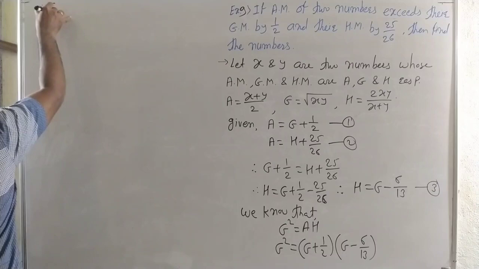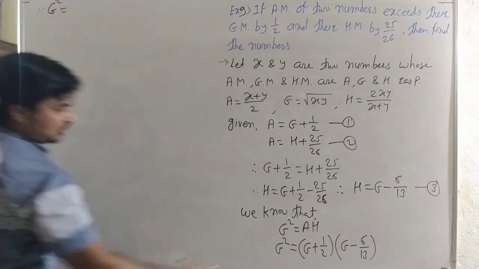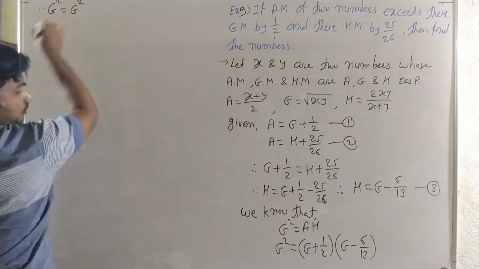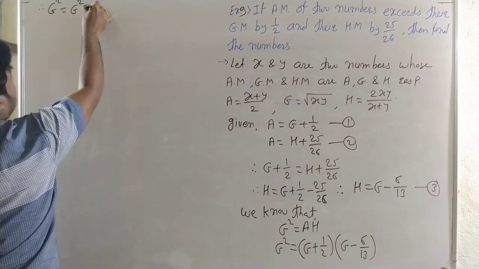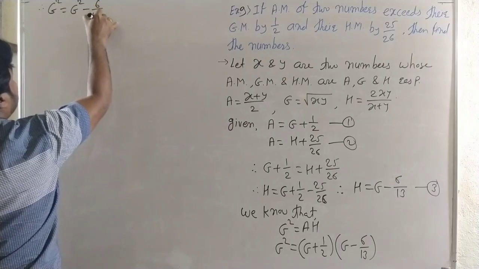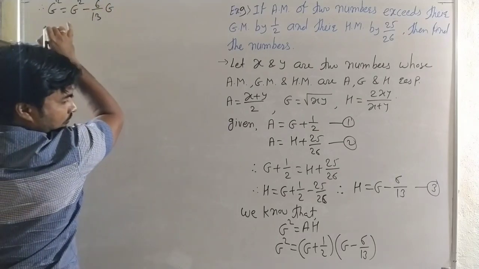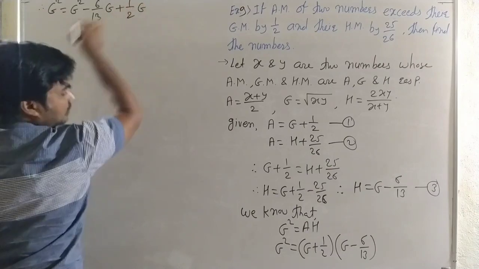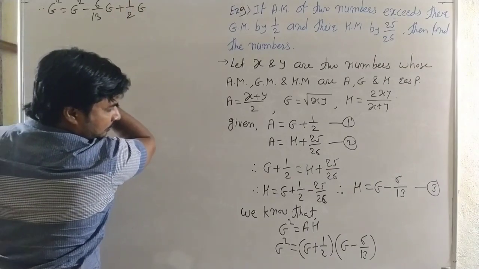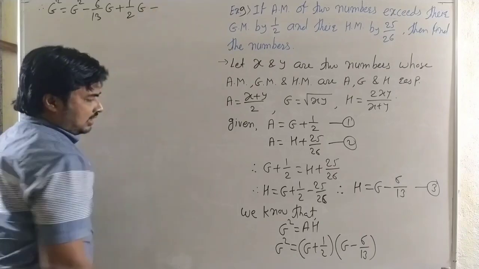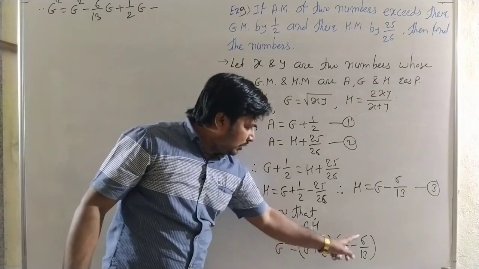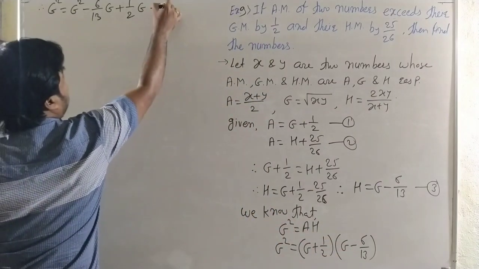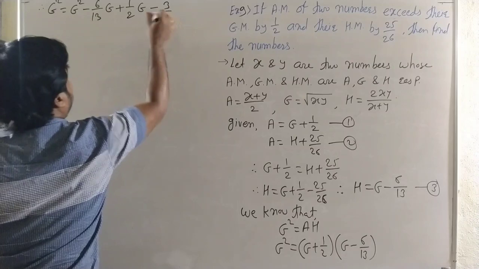Therefore, G square is equal to G into G, it is G square, then minus 6 upon 13 G plus 1 by 2 G, and it is minus, see carefully the multiplication, 1 by 2 into minus 6 by 13, it is 3 by 13, minus 3 by 13.